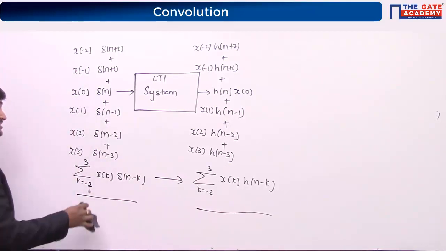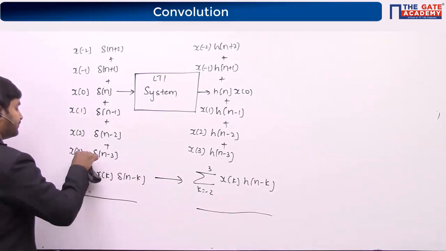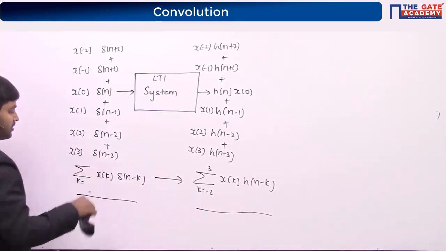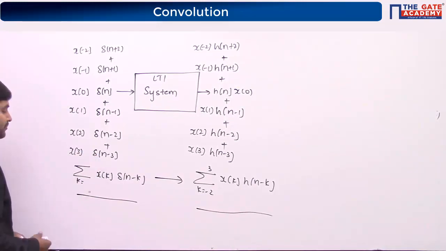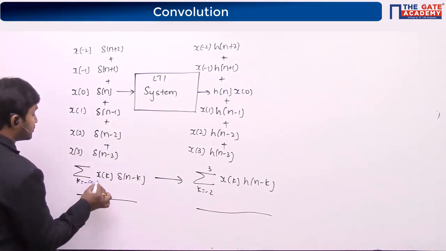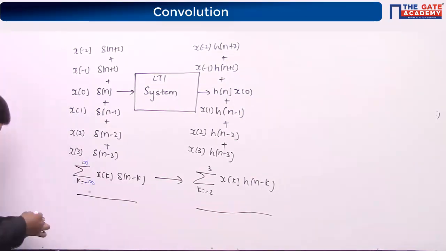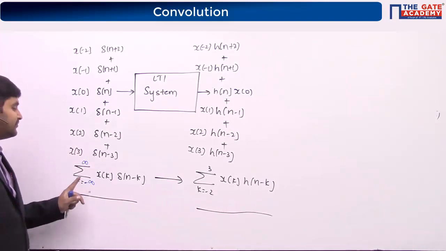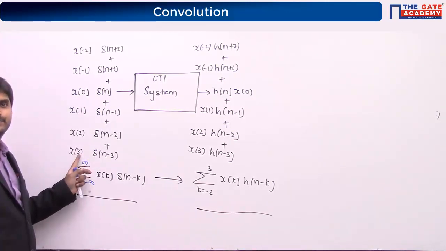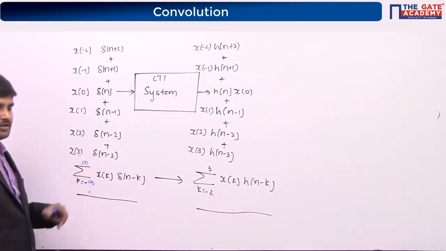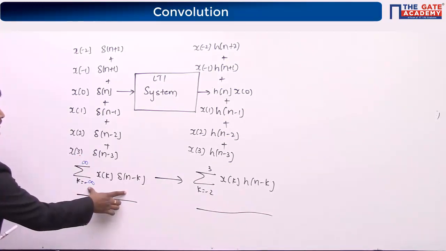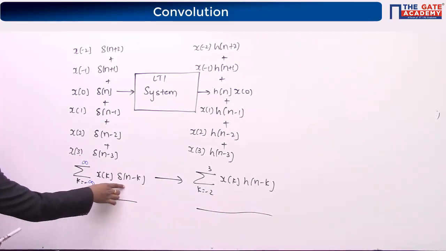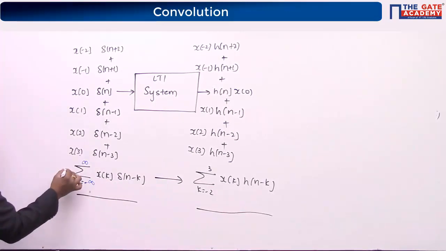But in a generalized case, I can take it from minus infinity to the value of plus infinity. Can I? In a generalized case, can I take it from minus infinity to infinity? Then what do we call this particular signal? Can I call this signal x of n?